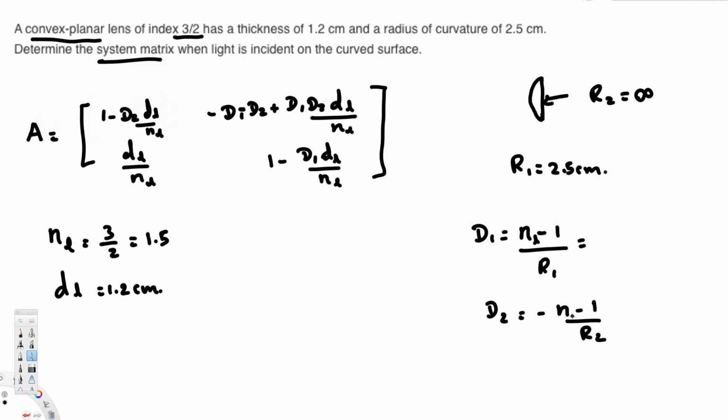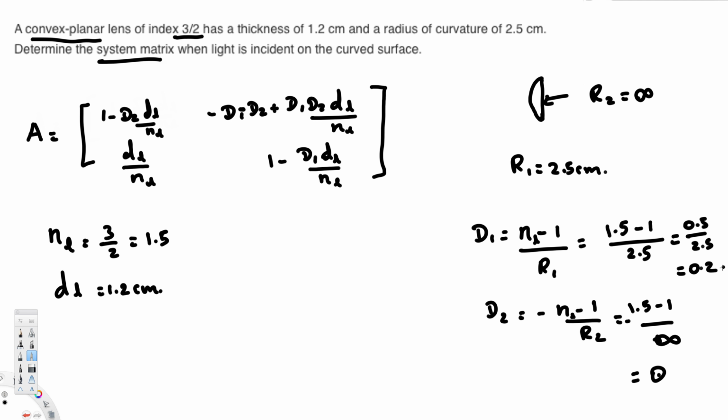Let's put nL, that is 1.5, minus 1 over R1, that is 2.5, and for the second one we put negative (1.5 minus 1) over infinity. The first one becomes 0.5 over 2.5, which is equal to 1 over 5, or 2 over 10, that's 0.2, and the second is going to be 0 because we are dividing by infinity.